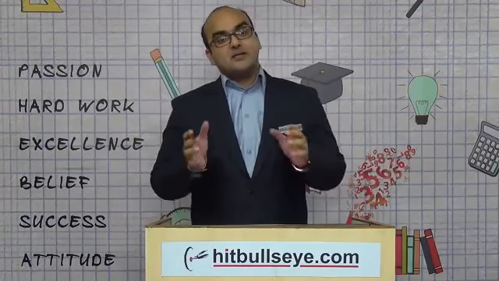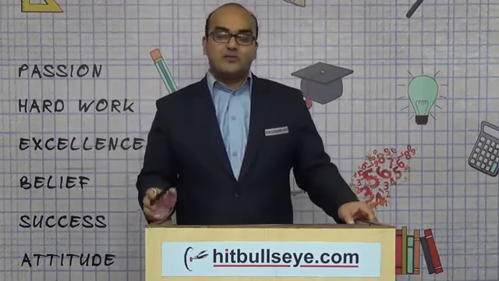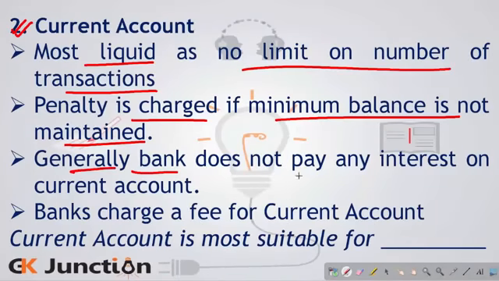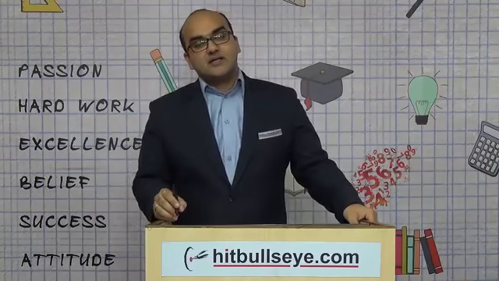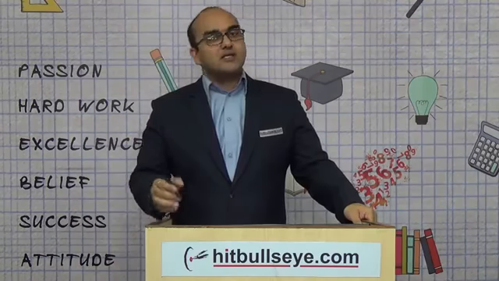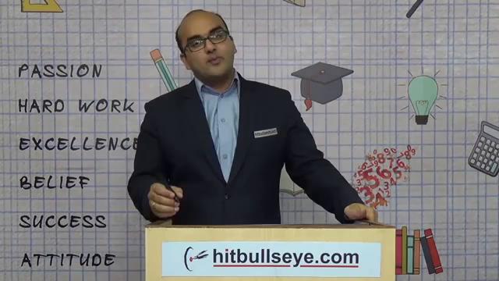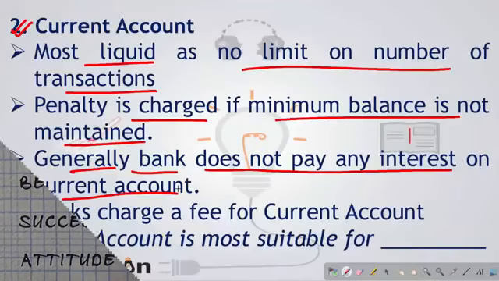Generally speaking, banks do not pay any interest on the current account. However, in today's market scenario of very high level of competition, some banks have started paying some minimal or nominal interest on current accounts as well.